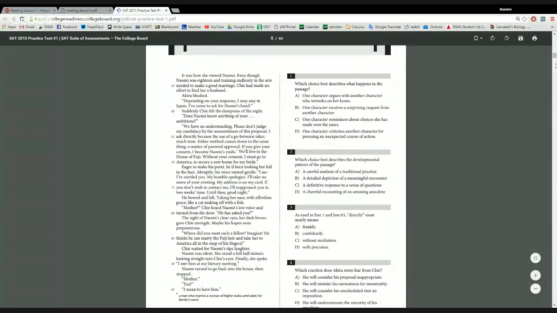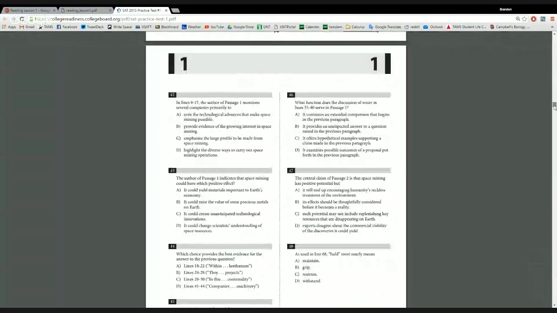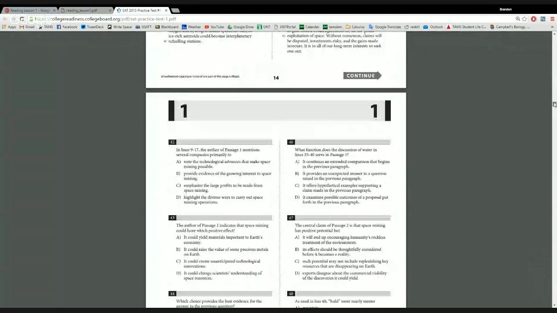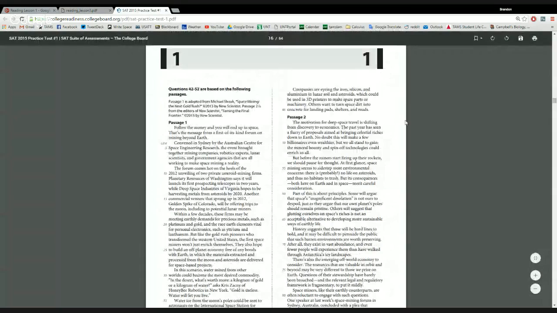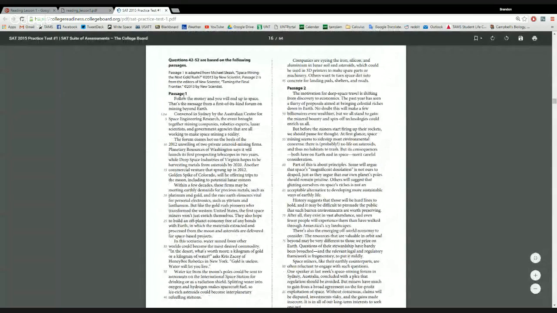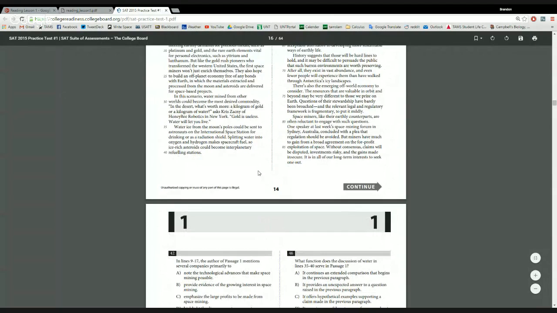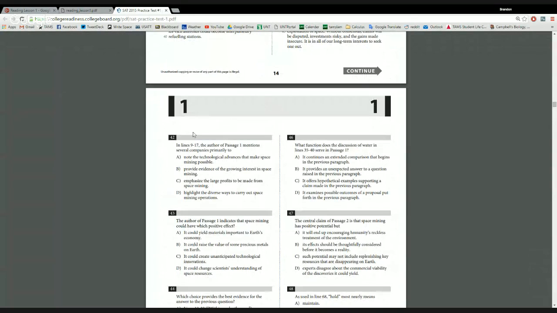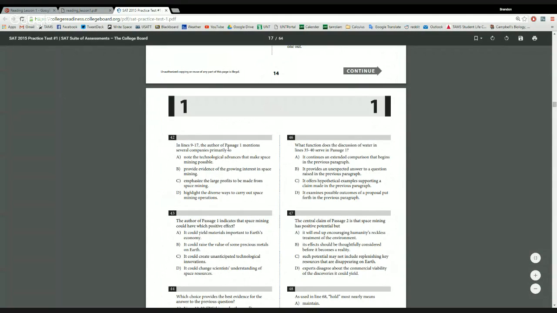Let's see if I can find an example here of a double passage. All right, here we go. As you can see here, double passage, passage 1, passage 2. Now, this is going to be referred to as 1, this is 2, and we're going to have a symbol B, which stands for both. So let's go to number 42 here.